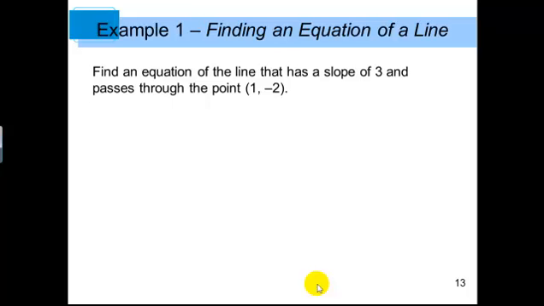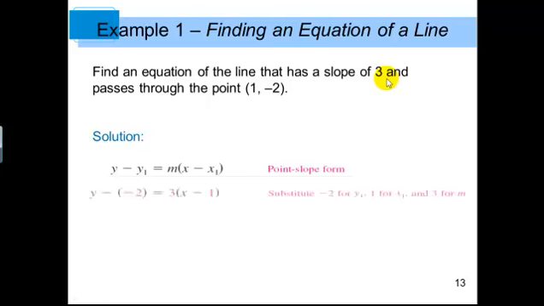Okay, once you get that, you get the equation of a line. Here's a good example. Find the equation of a line that has a slope of 3 and passes through the point (1, negative 2). This point is going to be our x1, y1. This is our slope. Solution. First of all, you write point-slope form. You substitute in the point (1, negative 2) for x1 and y1. y minus negative 2, m is my slope, 3, times x minus x1.